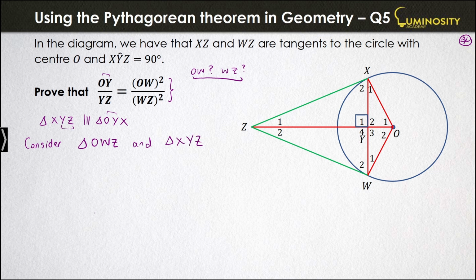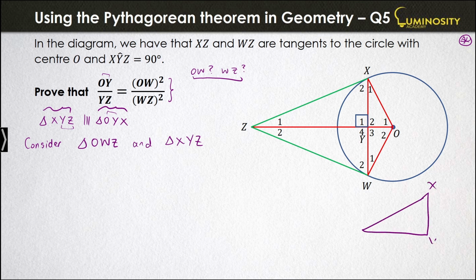If I can show that these two triangles are similar in this order, and because triangle XYZ is similar to triangle OYX, then triangle OWZ will also be similar to triangle OYX. Okay, so let's take those two triangles out and analyze them.